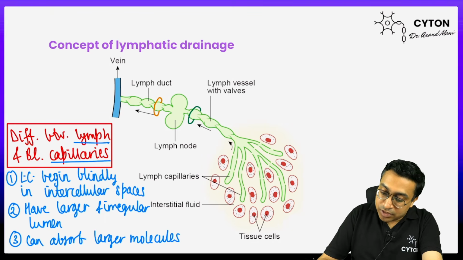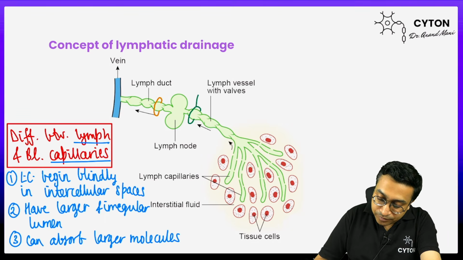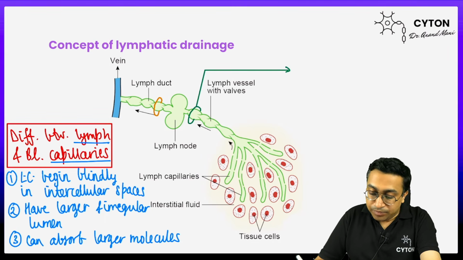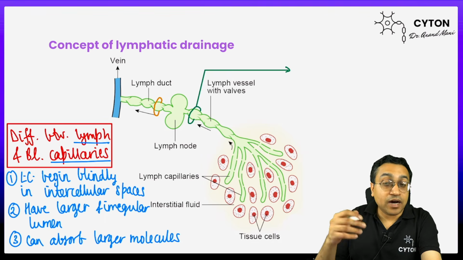So this green one is the afferent lymph vessel.